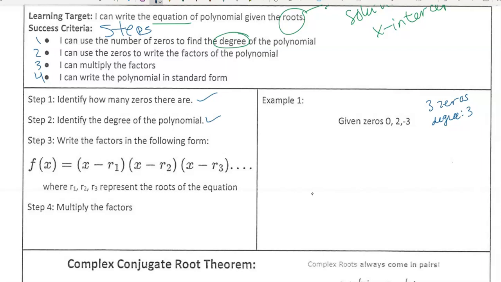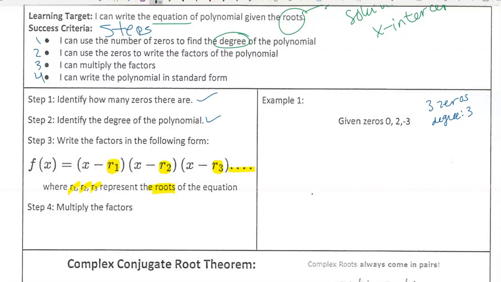So it says f of x equals x minus r1. That's our first root. x minus r2 and x minus r3, and then continuing on depending on how many roots we have. It says r1, 2, and 3 represent the roots of the equation. Then we will multiply the factors and get the original equation.